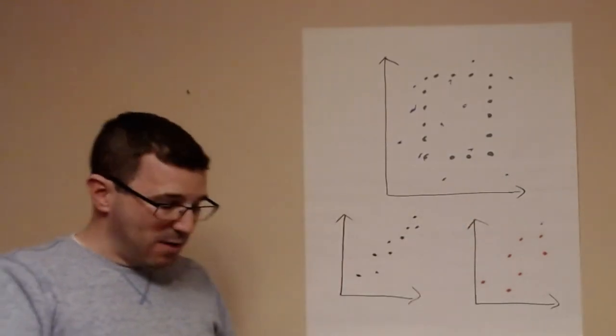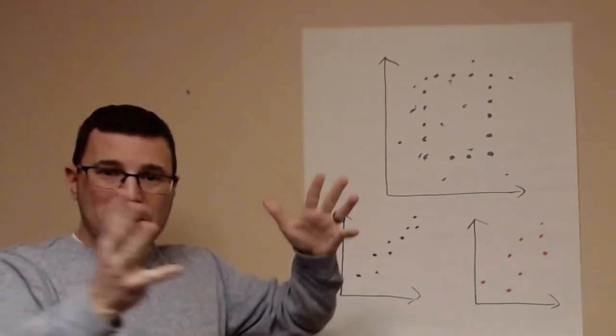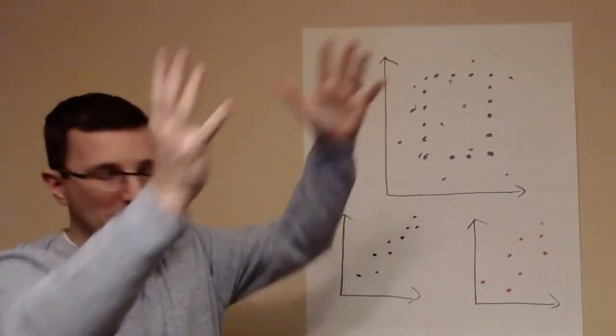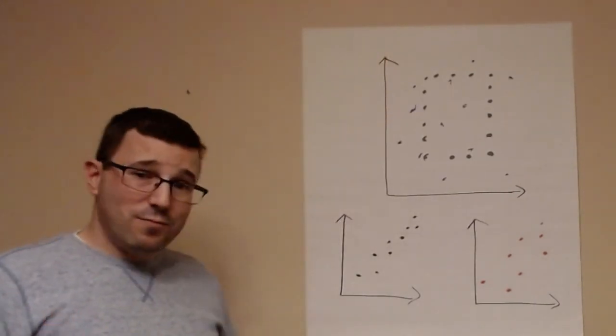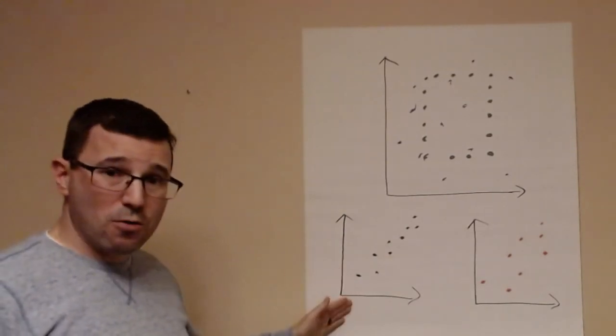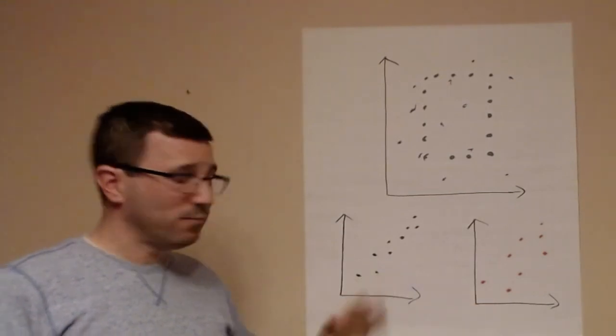So maybe I have fewer points. Maybe it's just that it's really spread out, but I can still tell it's moving in this one direction. But here, strong correlation. Here, weaker correlation.